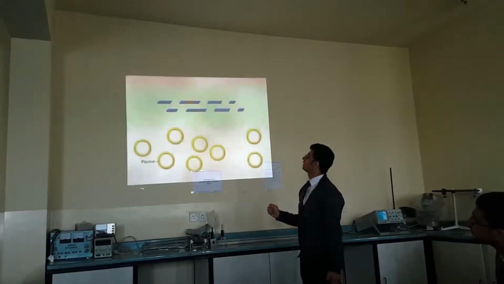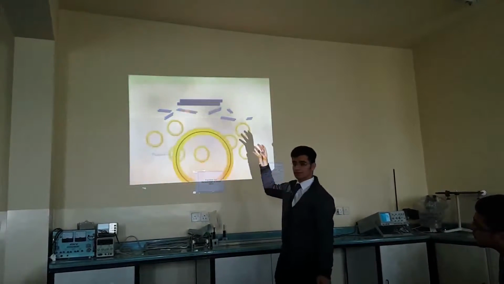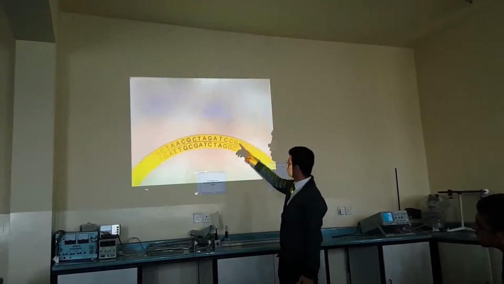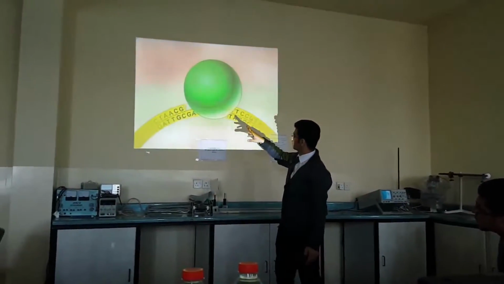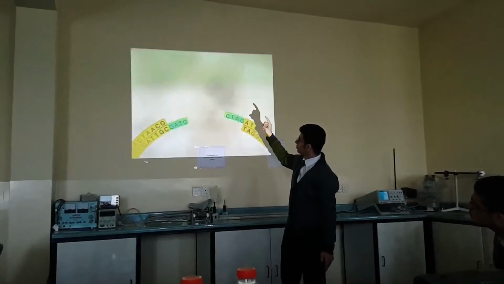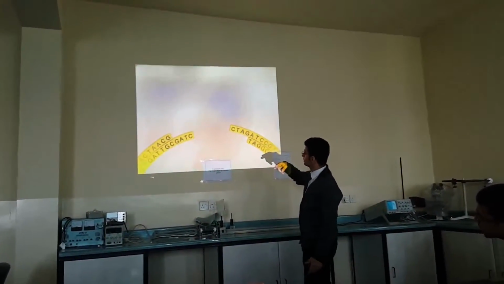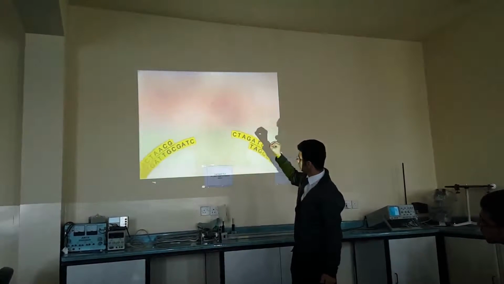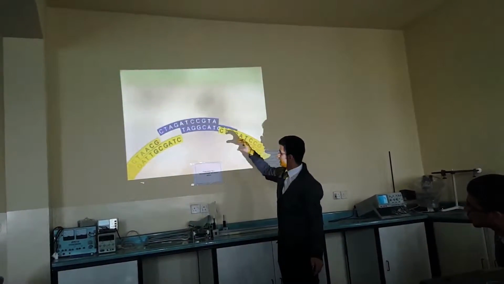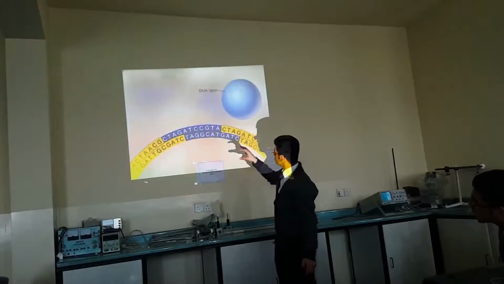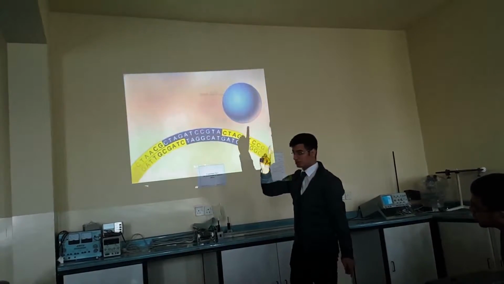Then we take the plasmids and use the same restriction enzyme to have the same sticky ends. Then the gene of interest is going to connect to the plasmids by an enzyme called DNA ligase, which is a glue, as I mentioned before.